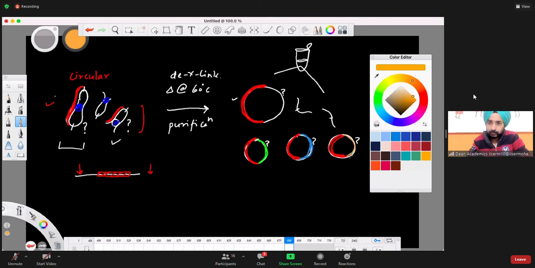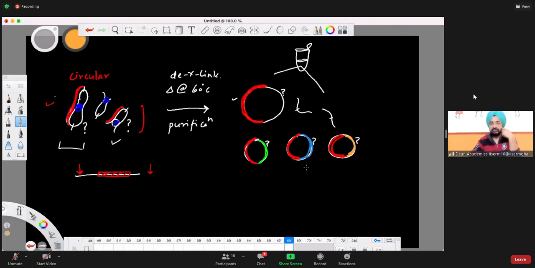Okay. What will I do to identify this green, blue, and yellow one, and the white one over here? Well, I can again do PCR, right? I can do PCR, but now it's not convergent PCR, it's the divergent PCR. I will do it the other way around.